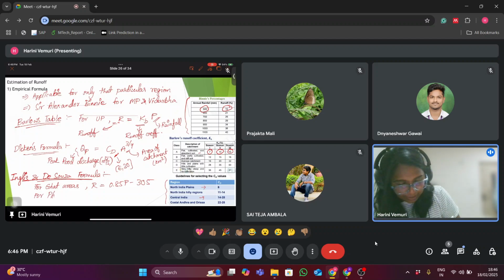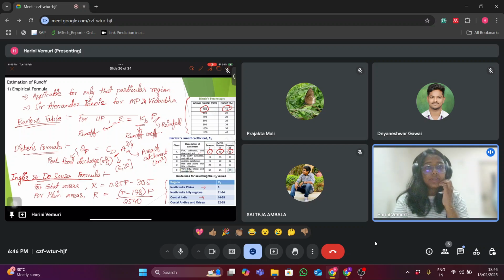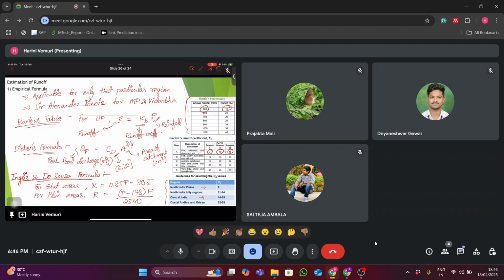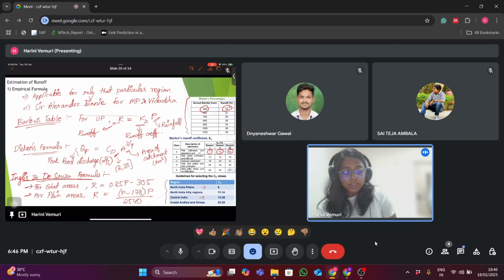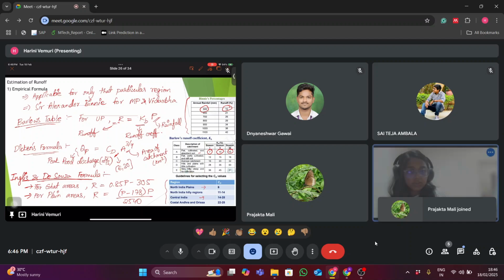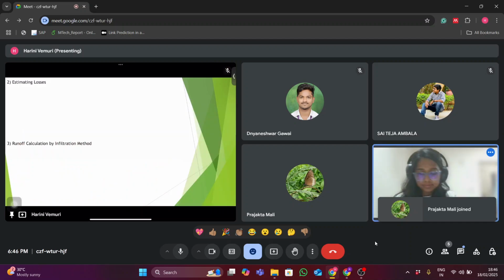For plain areas, the runoff value is equal to P minus 178 into P by 2540. So based on whether the region is falling in hilly areas or on plain surface, the type of formula to be used will change. Okay, you should keep this in mind.